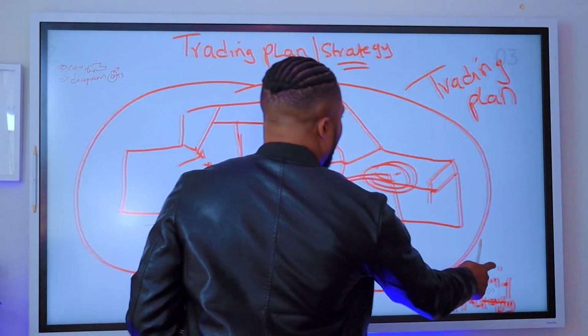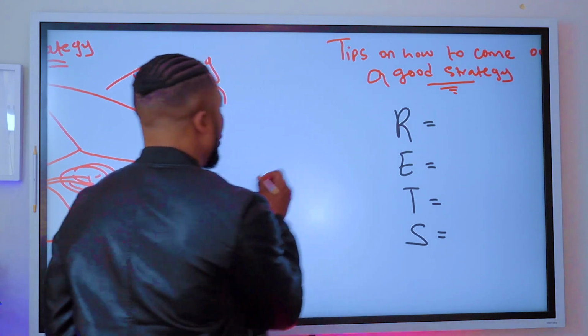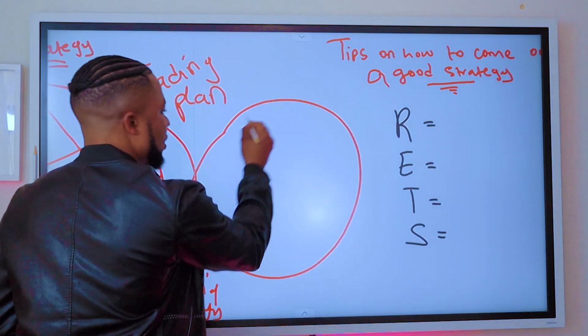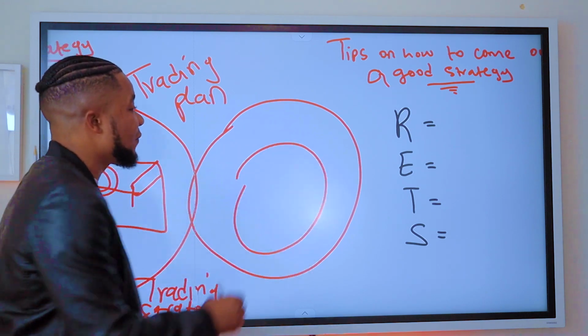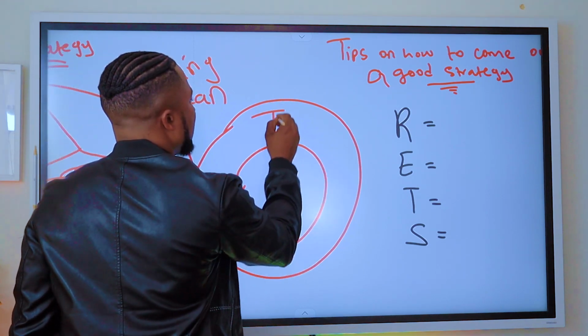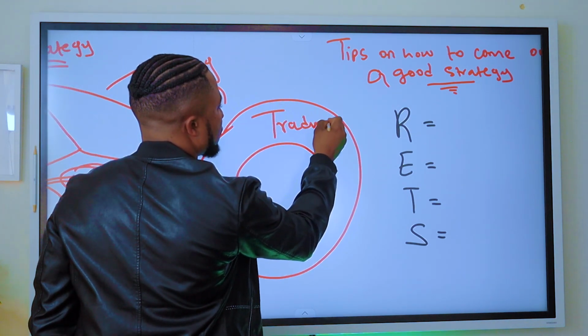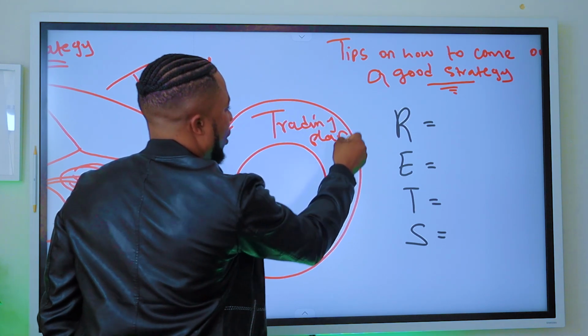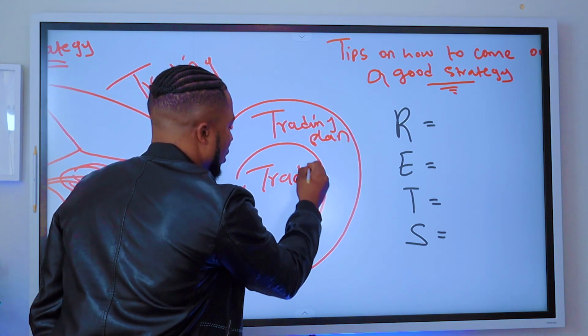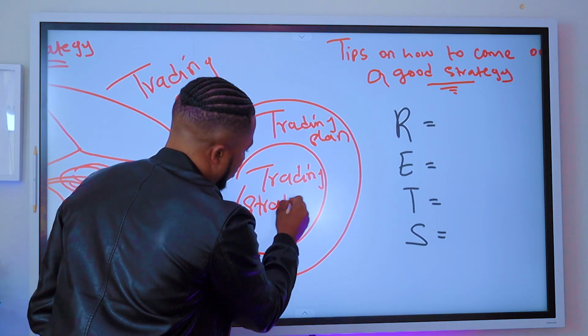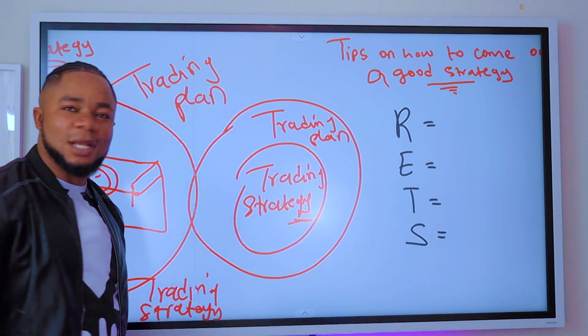Let's go here, and I have to draw something like this. The whole of this first circle will be our trading plan, while this other small circle inside will be our trading strategy. Can you see this?